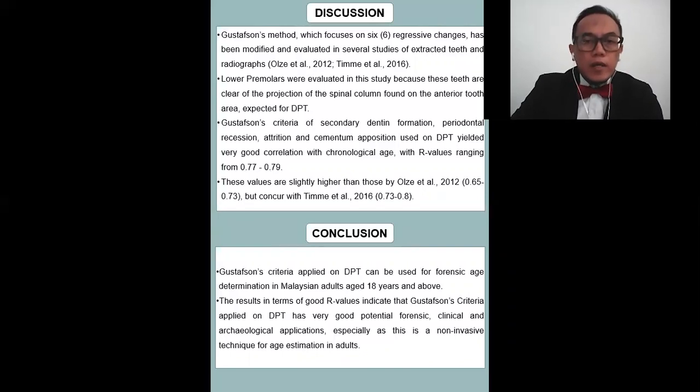Gustafson criteria of secondary dentine formation, periodontal recession, attrition, and cementum apposition used on dental panoramic tomograph yielded very good correlation with chronological age.